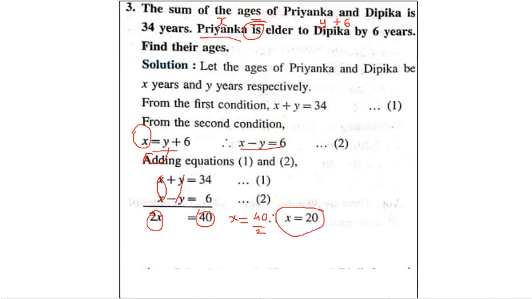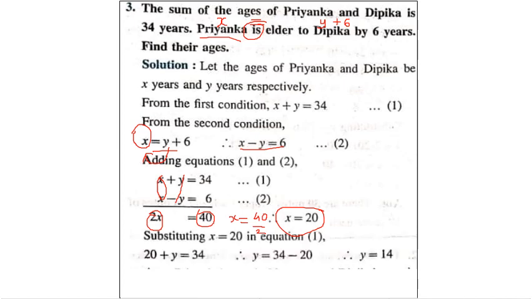Now we got the present age of Priyanka. Let us substitute this in the simplest form, that is equation 1, to get the age of Deepika. Substituting x is equal to 20 in equation 1, we get 20 plus y is equal to 34. So y is equal to 34 minus 20, as plus 20 shifts to the other side and becomes minus 20.